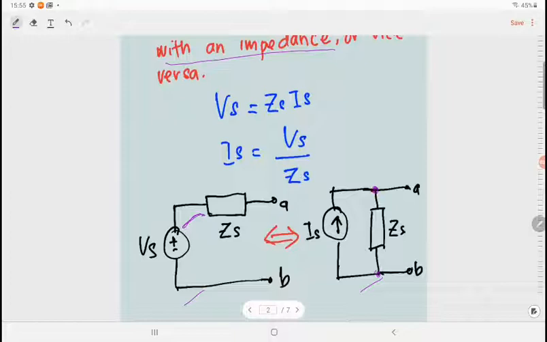The values can be calculated using these formulas.